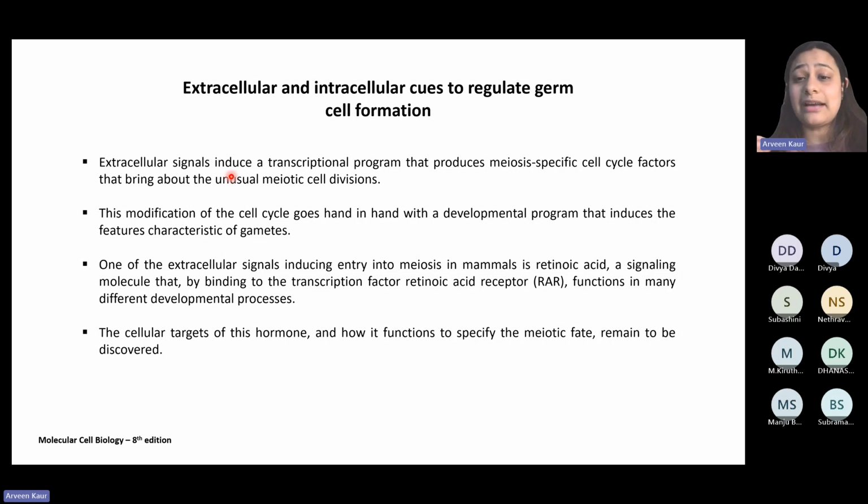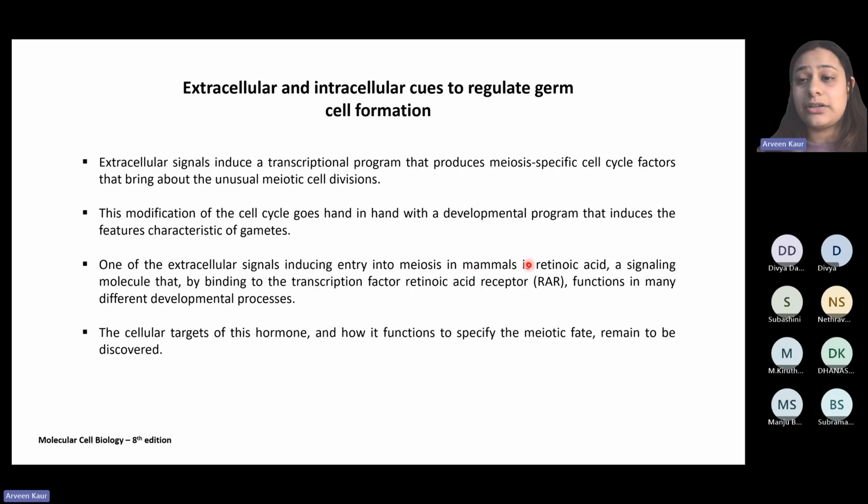We don't know the exact cues, but since there has been extensive research, and there is extensive research going on also, we have some answers. So we know at least one of the extracellular signals that induces entry into meiosis in mammals, right? Which is this extracellular signal?